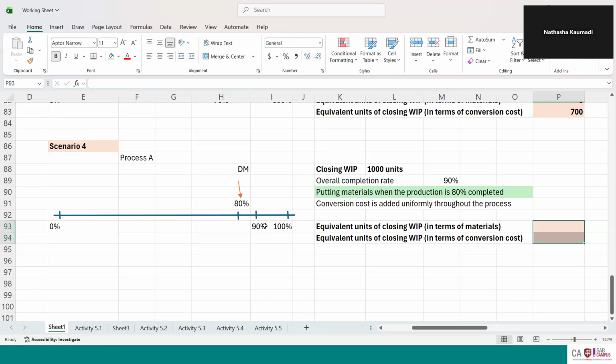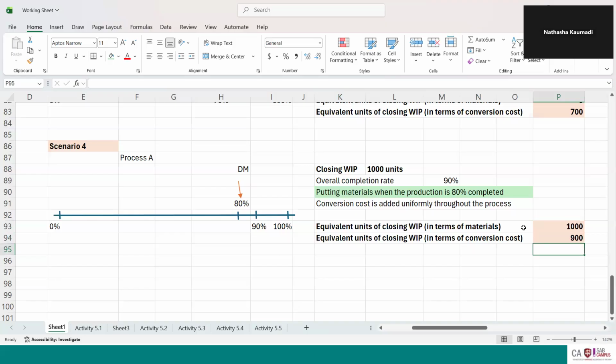That means the completion rate in terms of materials is 100%. See, 1000 units equivalent. This is how your answers are getting changed. What about equivalent units in terms of conversion cost? We are 90% completed. So 90% multiplied by 1000 units, 900 units.